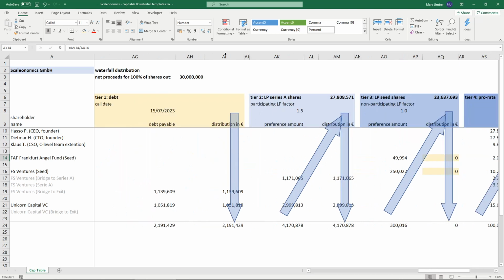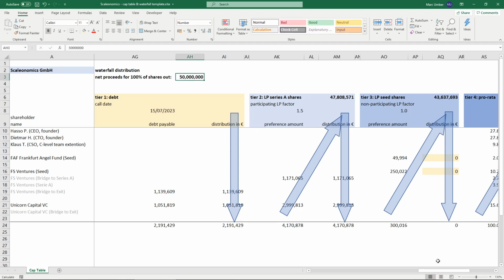If we assume that we can sell Scalenomics at roughly 2 times the 12-month revenue, and if we assume that Scalenomics will still make 25 million over 12 months in revenue, this would give us 50 million estimate. So this would only be a 2x revenue multiple.